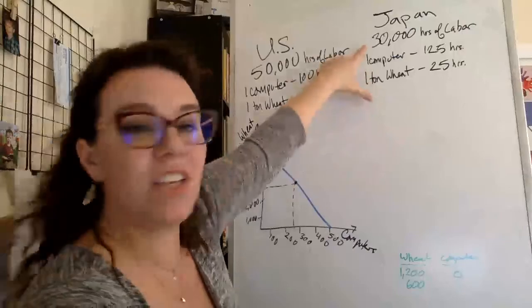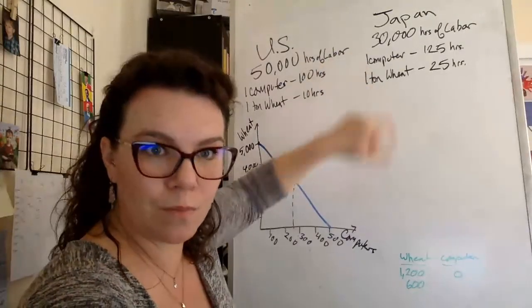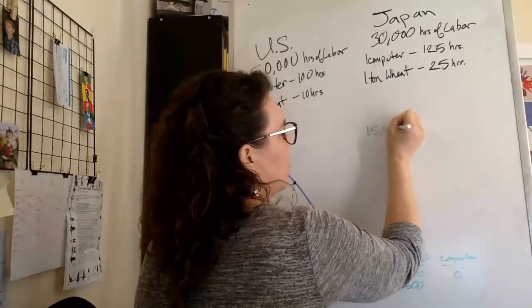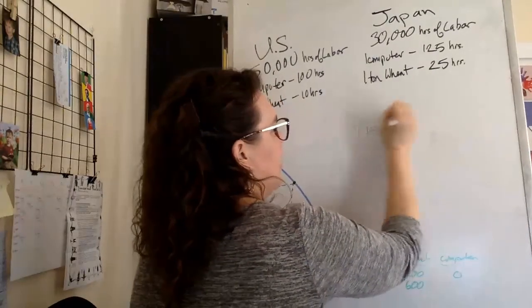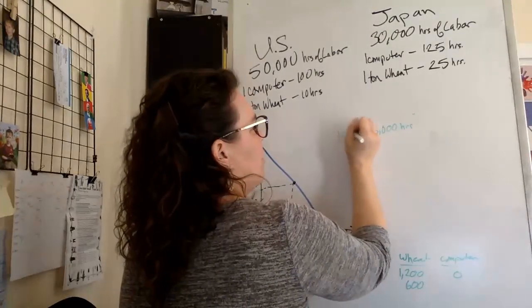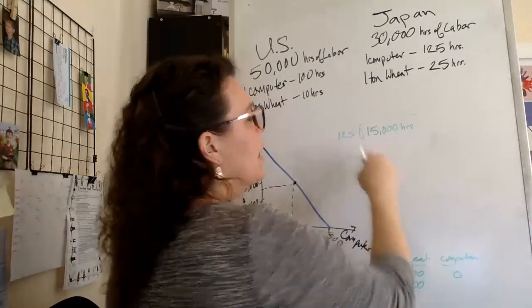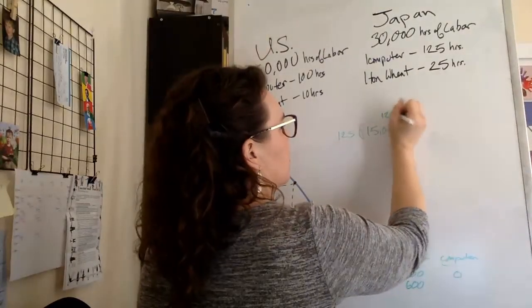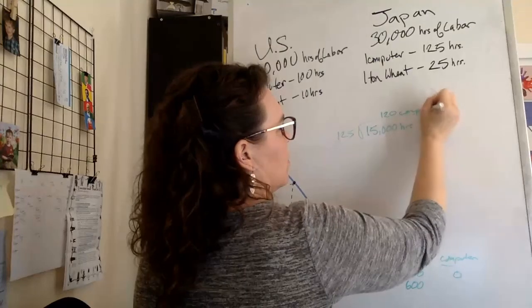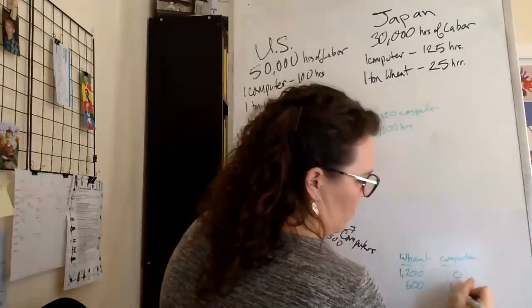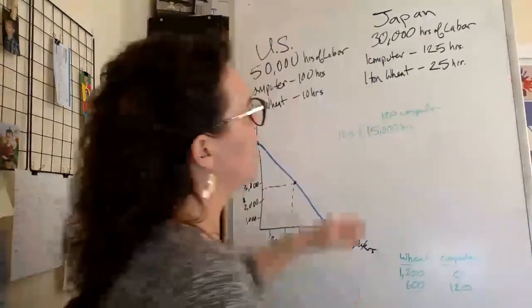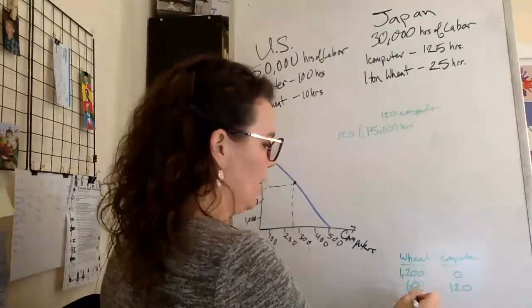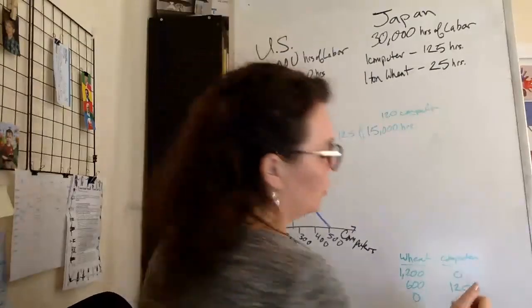And then we'd have 15,000 hours of labor to make computers. 15,000 hours of labor divided by the 125 hours it takes to make a computer is going to give us 120 computers. Okay? And then finally, we could spend all 30,000 hours just making computers. We would make 0 wheat, and we would make 240 computers.